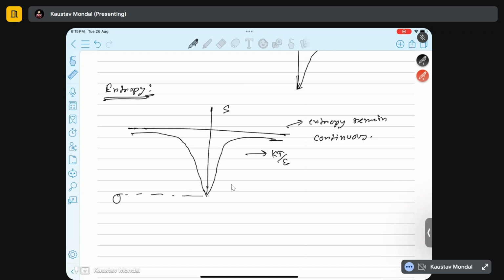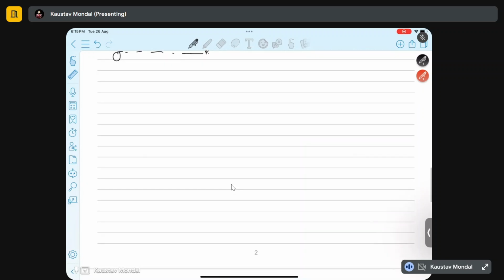Next we introduced the concept of the canonical ensemble. In the canonical ensemble we are considering that the particles are interacting.